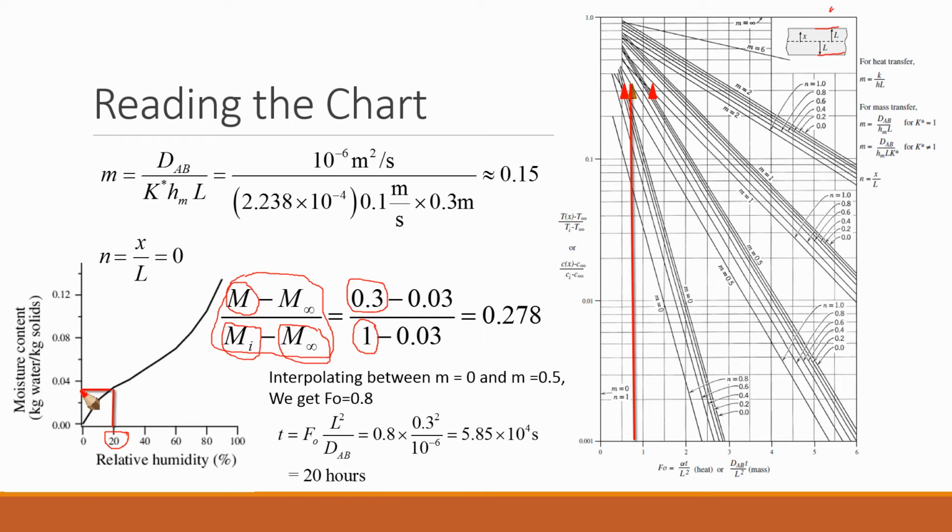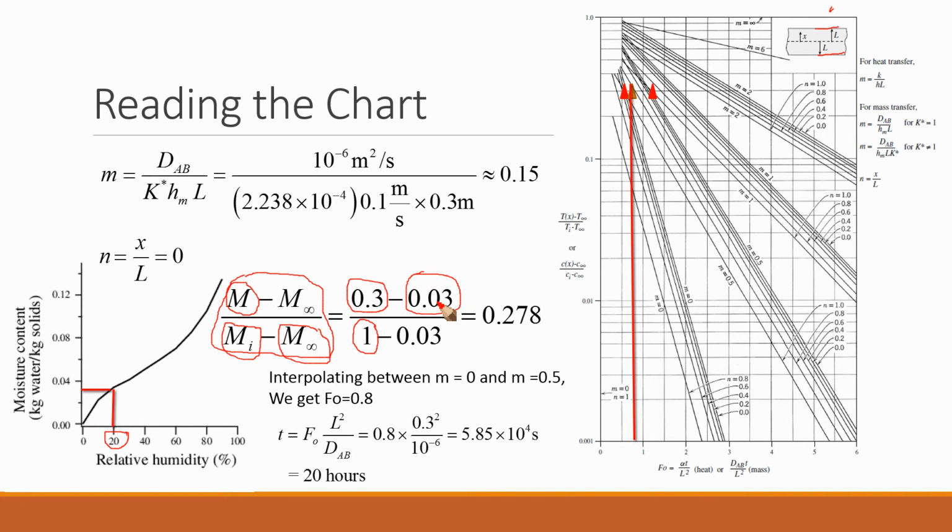In other words, this much moisture in the compost is in equilibrium with this much relative humidity or moisture in the air. Since this is the condition given to us, the equilibrium moisture content is 0.03, and that's my m infinity.